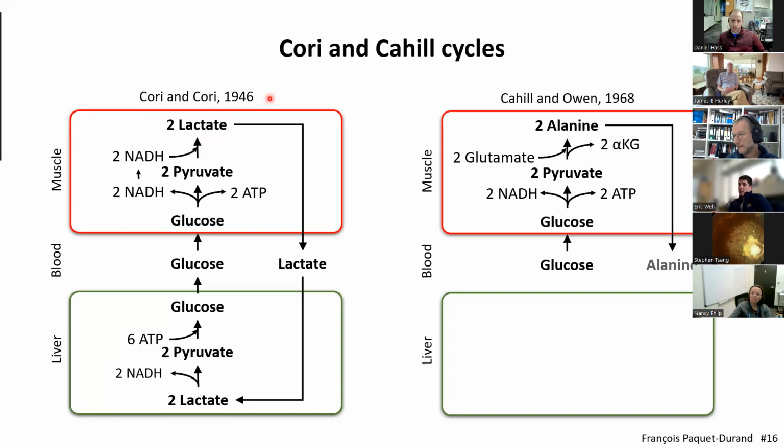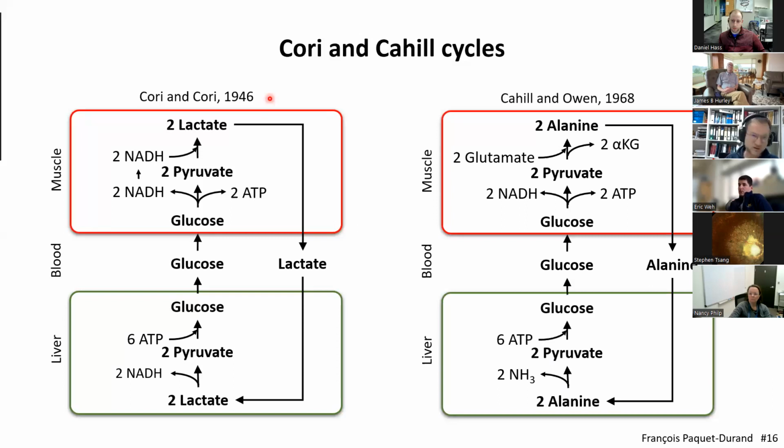The alanine then goes back to the bloodstream, and is used in the liver to regenerate pyruvate, which is used for gluconeogenesis, and the glucose can then go back to the bloodstream. So the key metabolites of these two pathways are lactate or alanine. And if you see one or the other, you can say which pathway was being used for energy production.